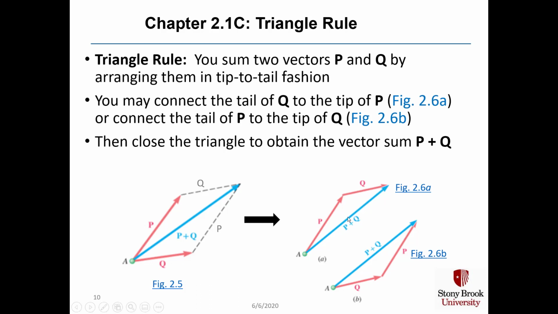And then P plus Q starts at A and finishes off where the tip of Q is. Likewise, you can connect the tail of P to the tip of Q. So in this case, we start with Q, and we connect the tail of P here, and we move it up. And then P plus Q starts at point A, and it ends at the tip of vector P.